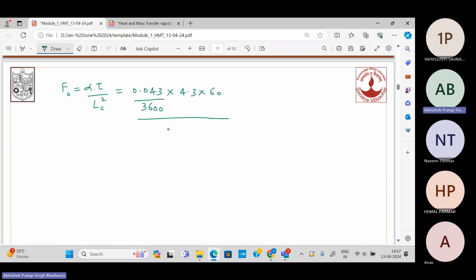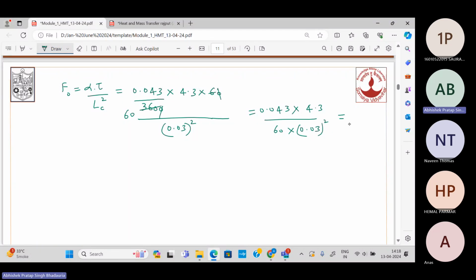So 0.03 square. So we are getting 0.043 into 4.3 divided by 60 into 0.03 square.